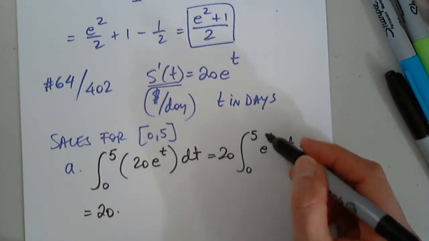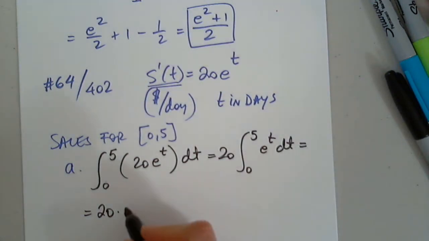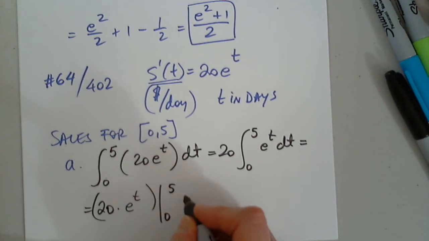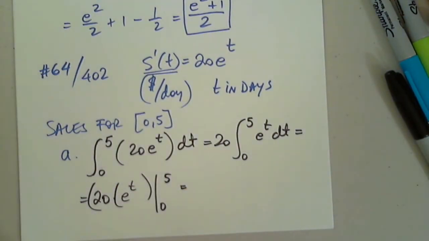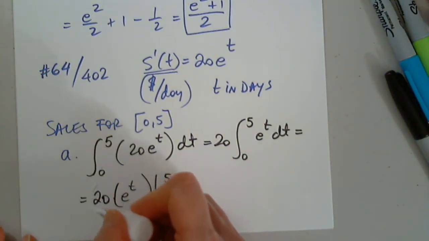What function do I differentiate to get e to t? Of course, we love that, isn't it? Okay, from 0 to 5. Good. So 20, I should put it in parentheses like this, because I want to leave 20 outside as we did with the areas.